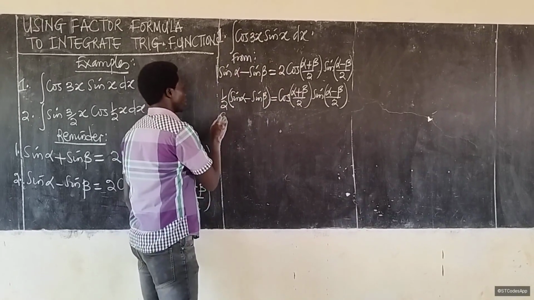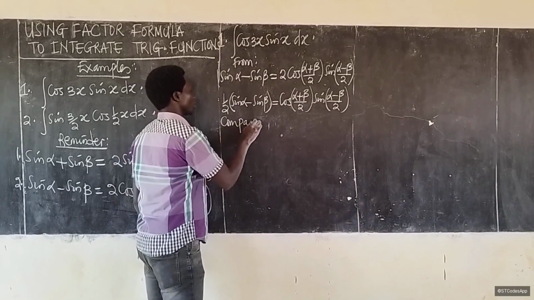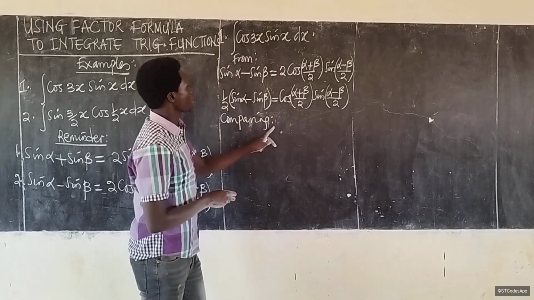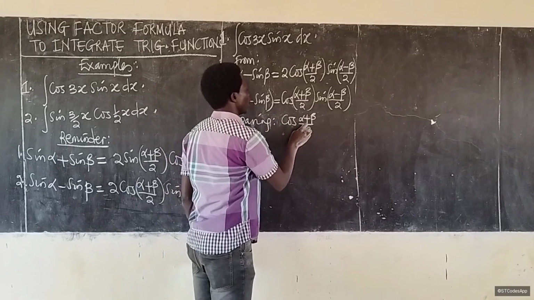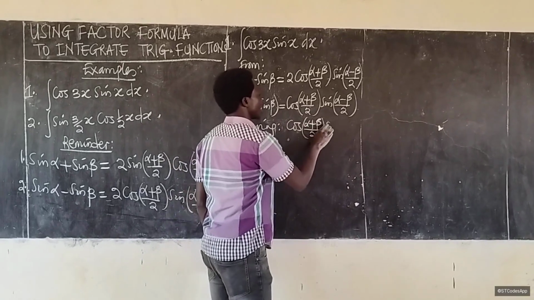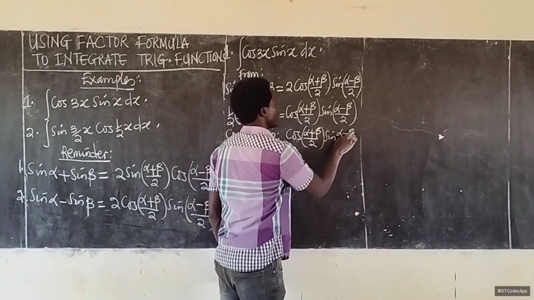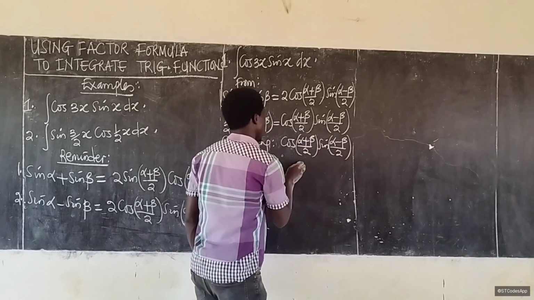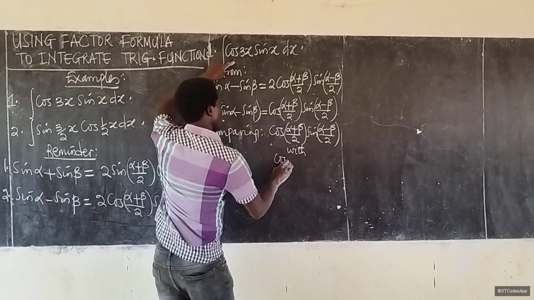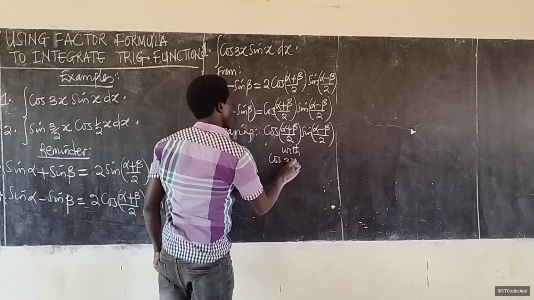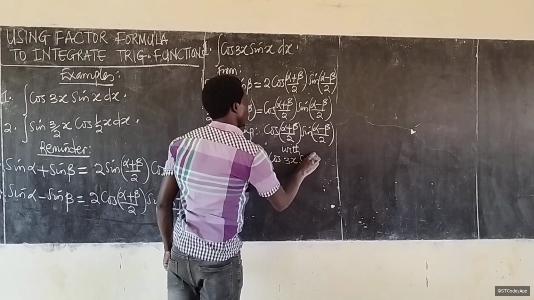So, we are comparing cosine of alpha plus beta out of 2, and then sine of alpha minus beta out of 2. We are comparing with cos of 3x, then sine of x.